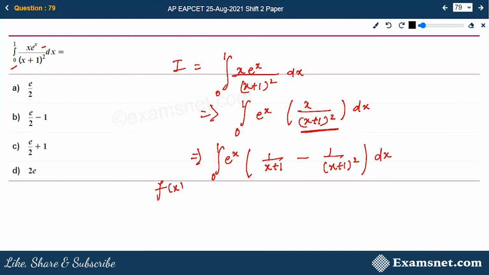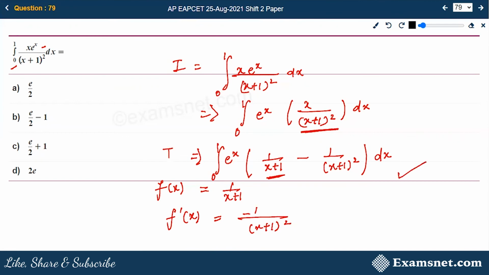Suppose I will give this as f(x). Suppose f(x) is equal to 1 over x plus 1. Then what will be the derivative of this? Derivative will be minus 1 upon x plus 1 whole square. Right? So what is this of the form?